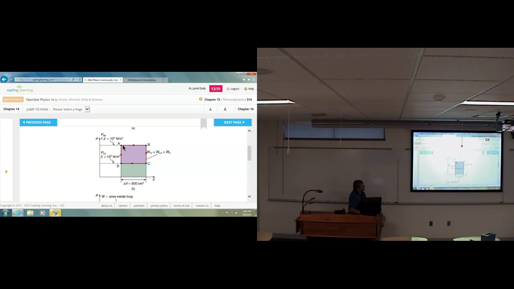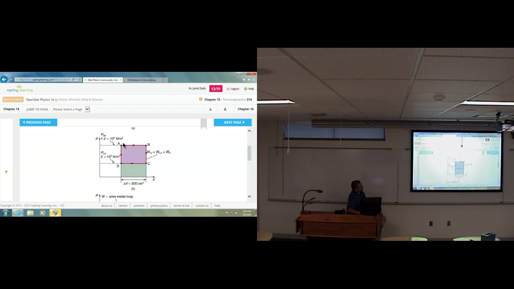Well, of course, you have work here under this curve, which is this big rectangle, and you have work under this curve, the small rectangle. One of these is work being done by the cylinder. One of them is work being done on the cylinder. And you really hope that the work being done on the cylinder is less than the work being done by the cylinder, because you want to get some work out of it, right?